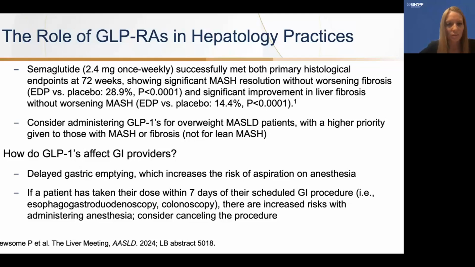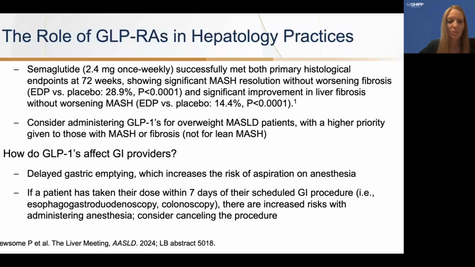So based on these results, it's advisable to consider administering a GLP-1 for overweight MASLD patients, with a higher priority given to those with MASH or fibrosis. And for our lean MASH patients, this might not be the best option just because we know it'll induce a significant amount of weight loss, and that may not be appropriate for that type of patient.